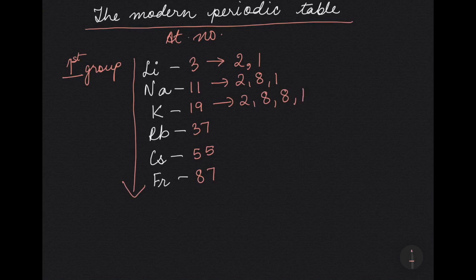So you will see, if you continue, that the last orbit always has one electron.